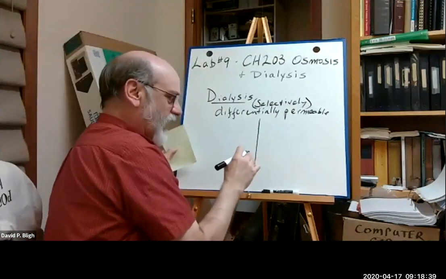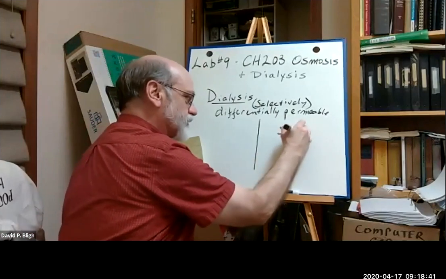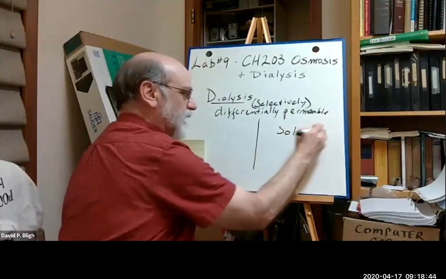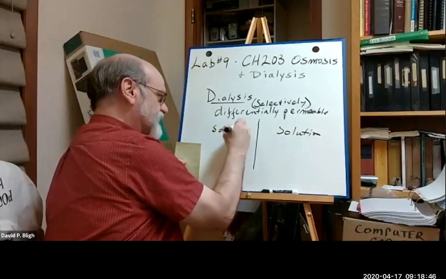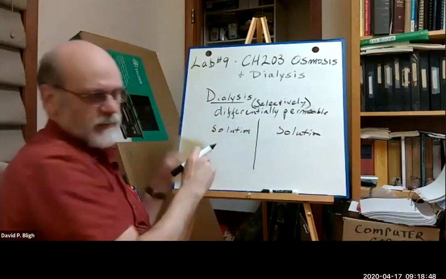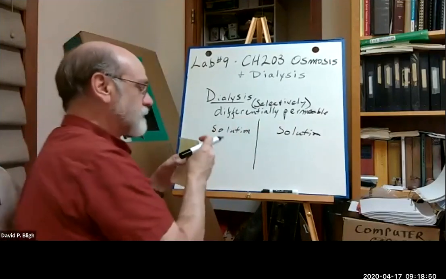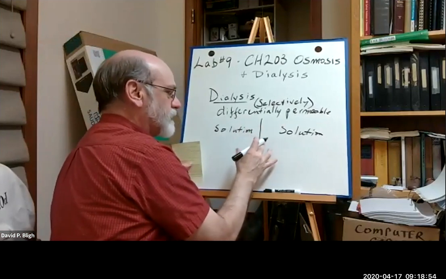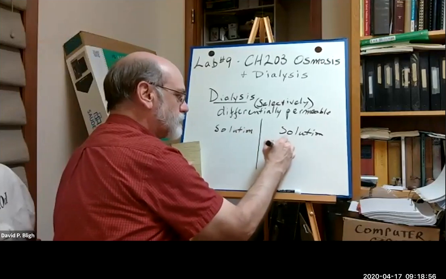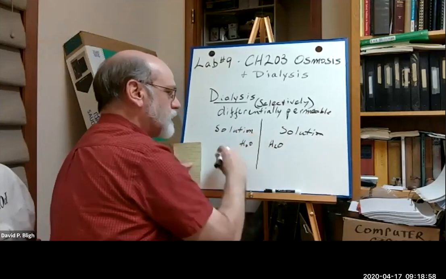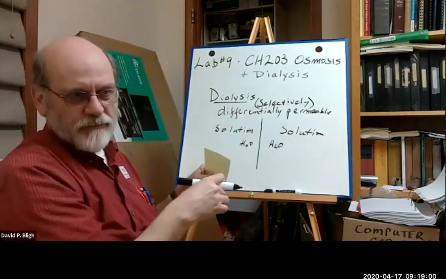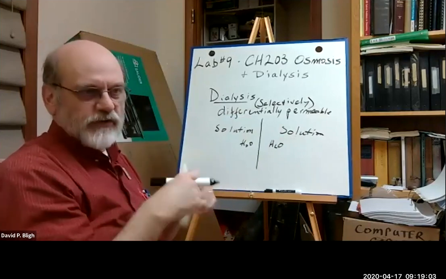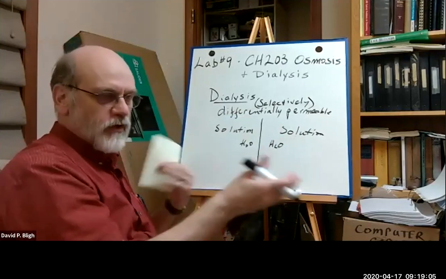And what that allows is for the solution on either side, and for all intents and purposes, we're talking about aqueous solutions, this membrane allows water freely to move back and forth. There's really no selective pressure forcing water to go one way or the other.